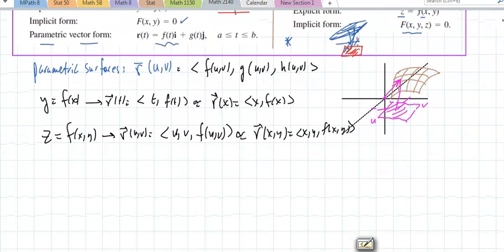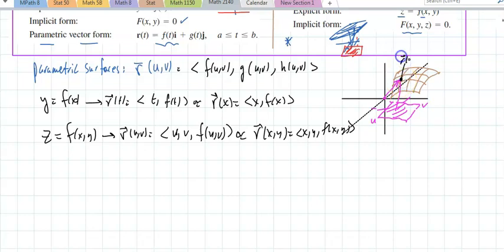And if I was looking over a specific r of u, v, that would be the domain associated with that graph. If this is the u function, and this is the v function, and its surface, same thing.